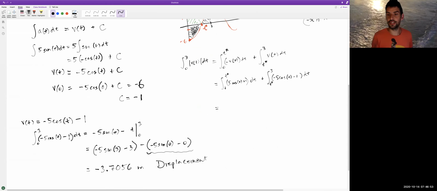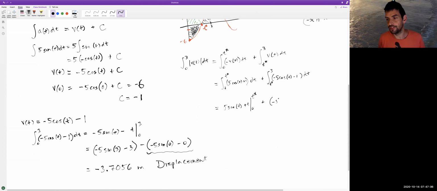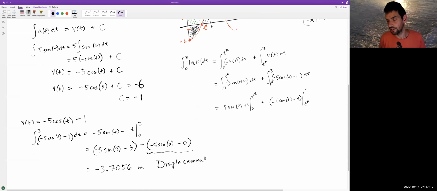The antiderivative of 5 cosine of t plus 1 is 5 sine of t plus t, evaluated from 0 to t star, plus negative 5 sine of t minus t, evaluated from t star to 3.